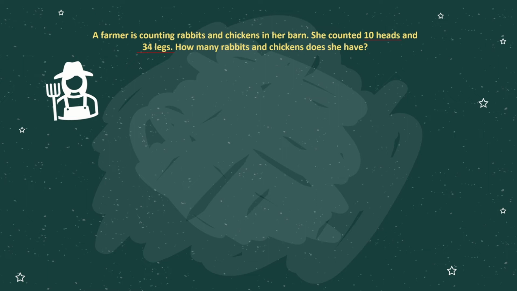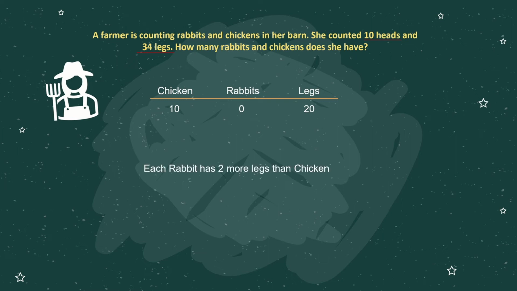We can solve this problem easily by drawing up a table of chickens, rabbits, and the number of legs. We first assume one extreme, that all of the animals are chickens. There would then be 10 chickens, no rabbits, and we only get 20 legs. We then apply the fixed difference. Each rabbit has 2 more legs than a chicken.